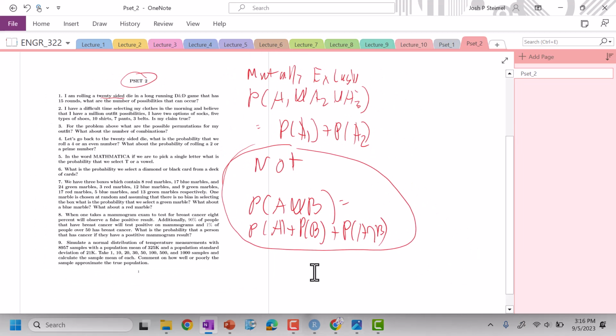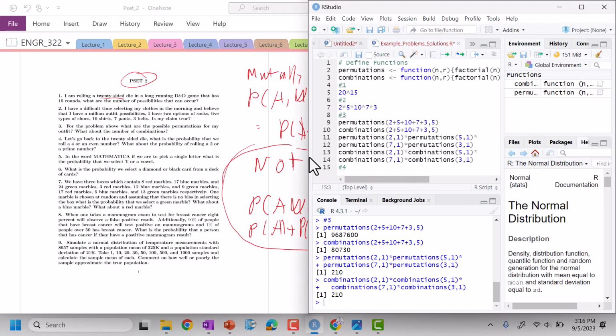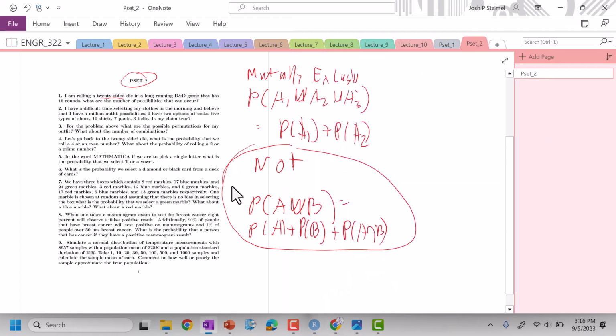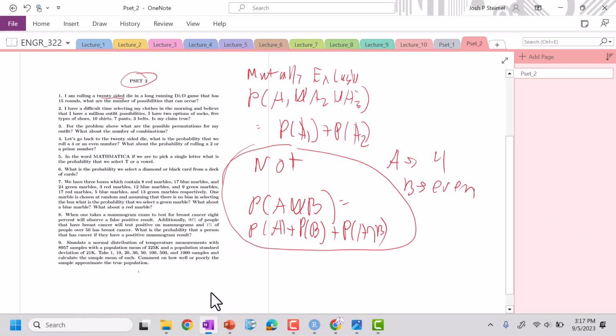So let's go ahead and pull up our R. What is the probability that we roll a 4? Probability A. Oftentimes I'll have A be a 4, and B is going to be an even number.